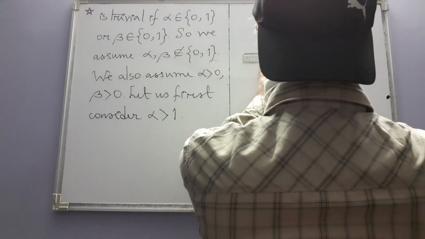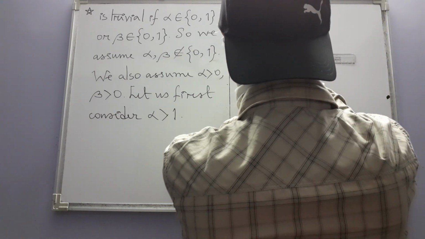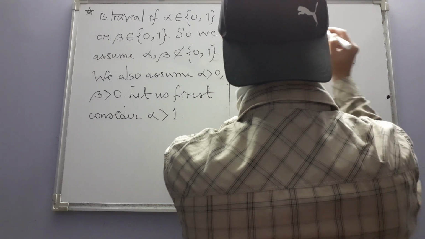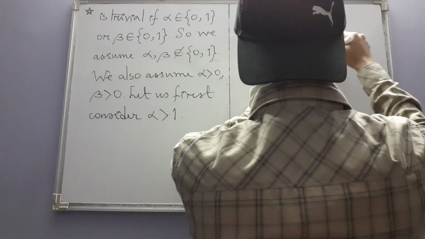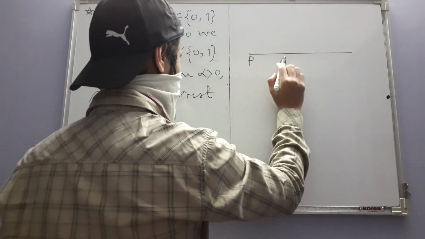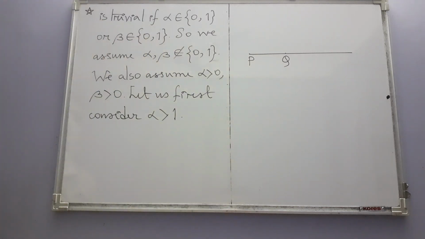We have the points P and Q. So this is P, this is Q.